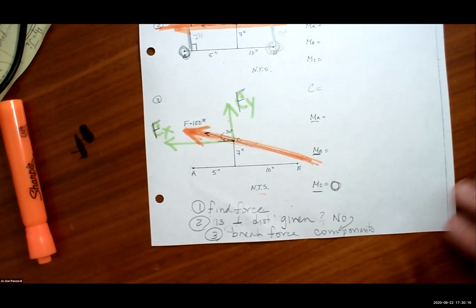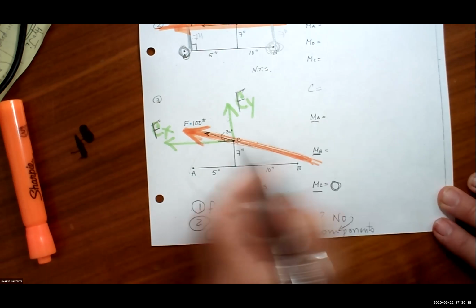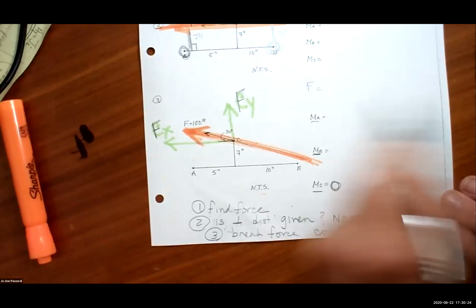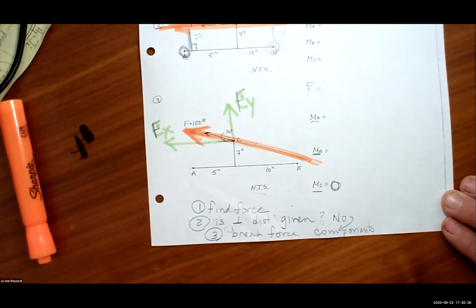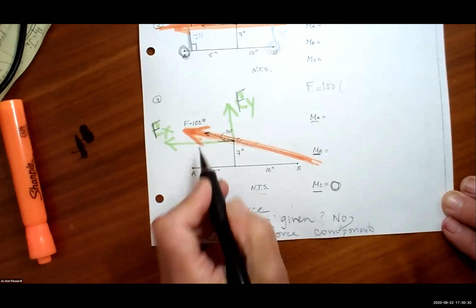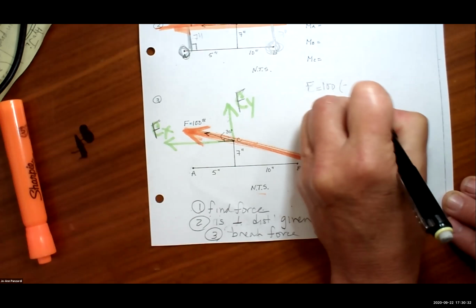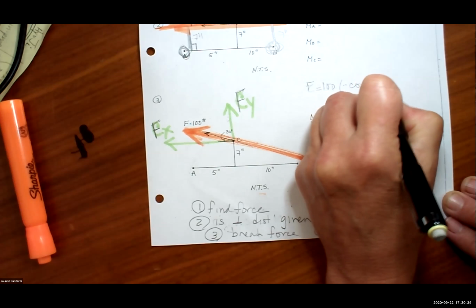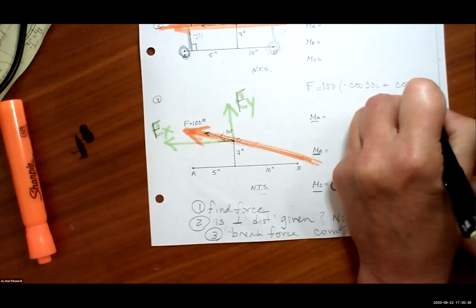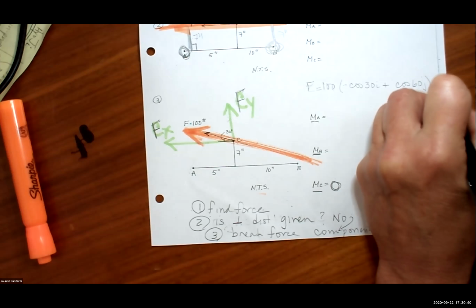Thank you. So C, I'm not going to call it C. FX would be negative 86.6. Okay, but I'm going to do it the way we always do it, right? Well, 3 steps. F is 100 times, notice what I'm going to do. I'm going to say the negative cosine of 30i plus the cosine of 60j, and it's pounds.